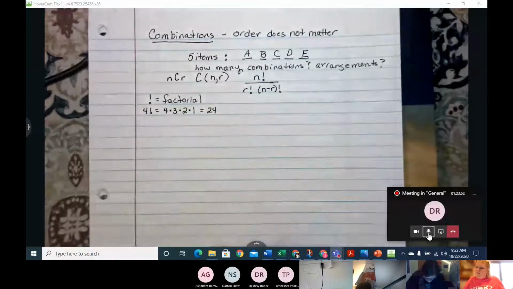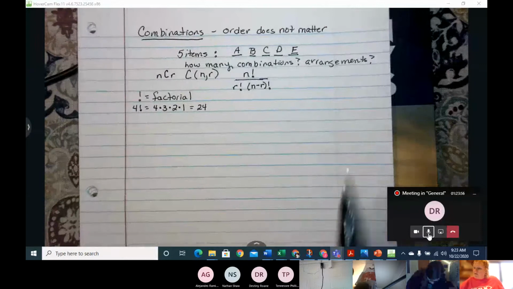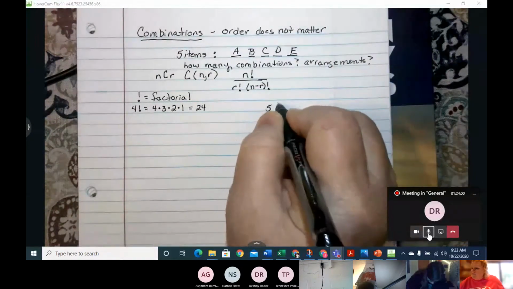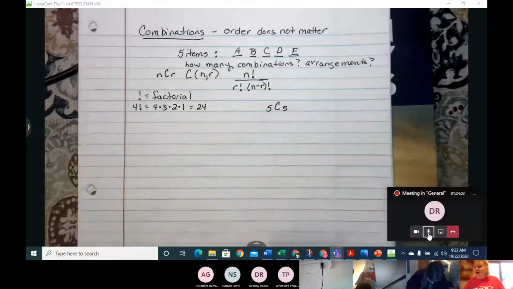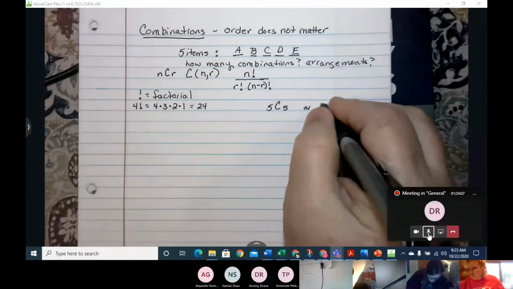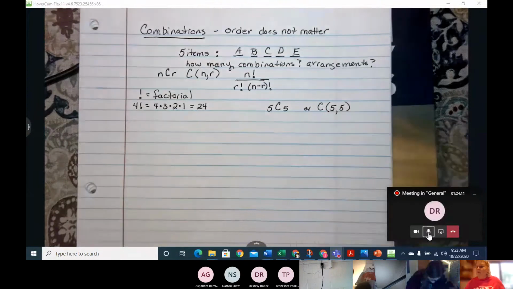So going back to our problem, how many ways can we arrange 5 items? That would be 5 items combined 5 ways, or it would be the combination of 5 items 5 ways.